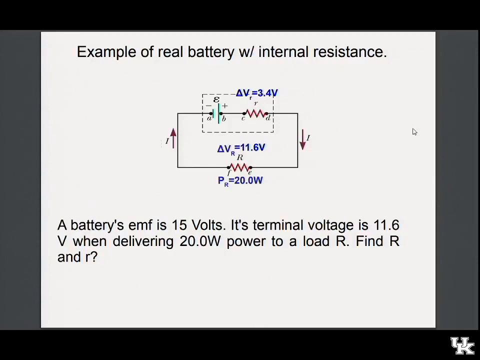And then the difference of those two, so 15 minus 11.6, 3.4 volts, must be the voltage across the internal resistance. So the 15 volts from the EMF is going to get shared. We're told it's being shared: 11.6 volts to the load resistor, and the remainder, I calculated it, 3.4 volts to the internal resistor. So based on that information, we're going to solve for the internal resistance little r and the load resistance uppercase R.